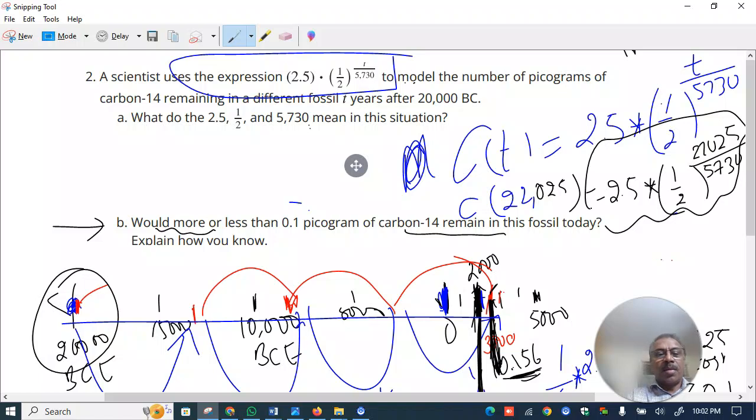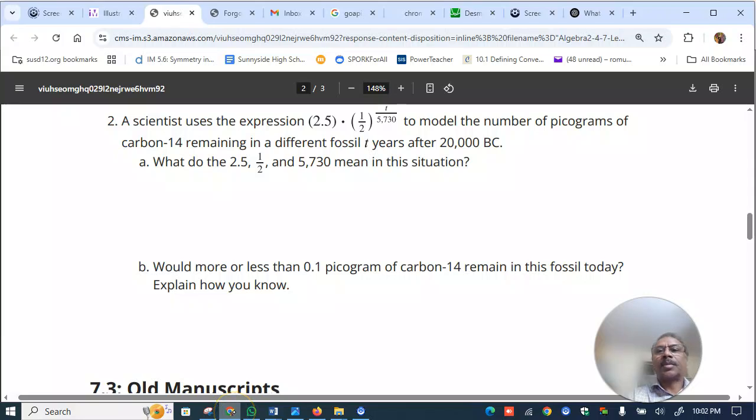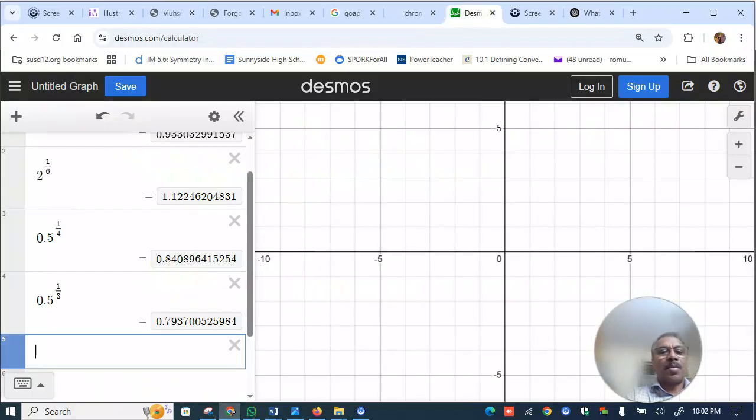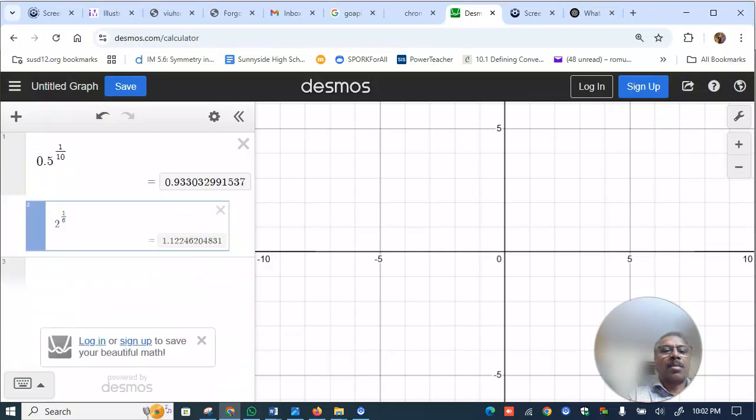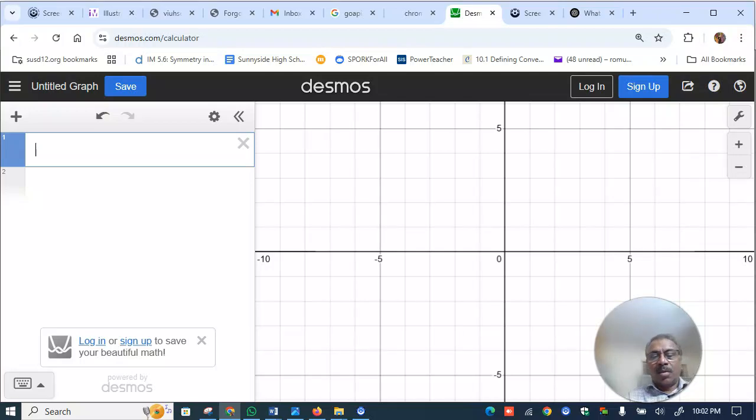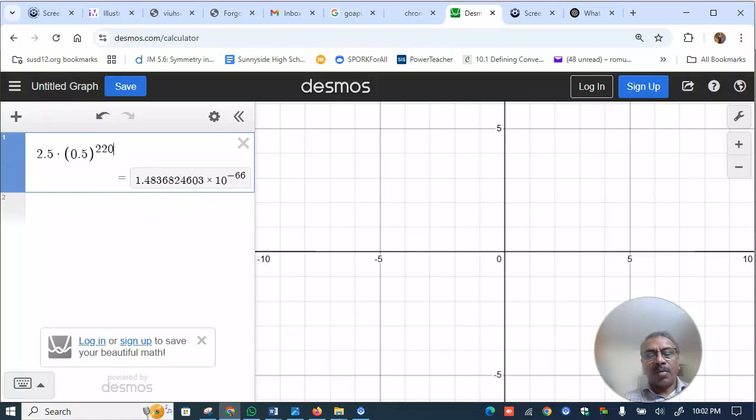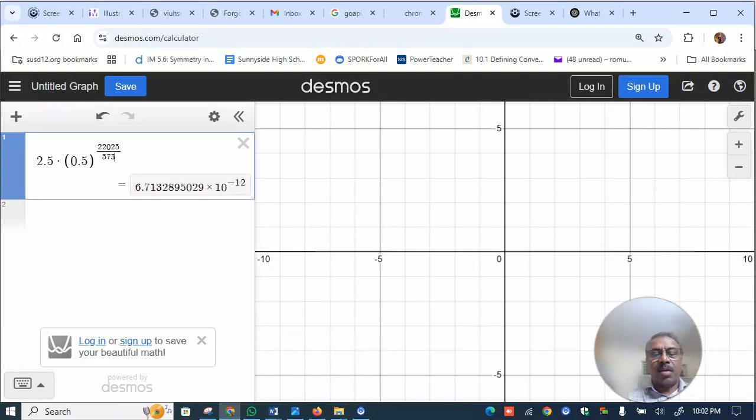Okay, let me see if I can do this right here. 2.5 times 0.5 raised to the power 22,025 divided by 5730.